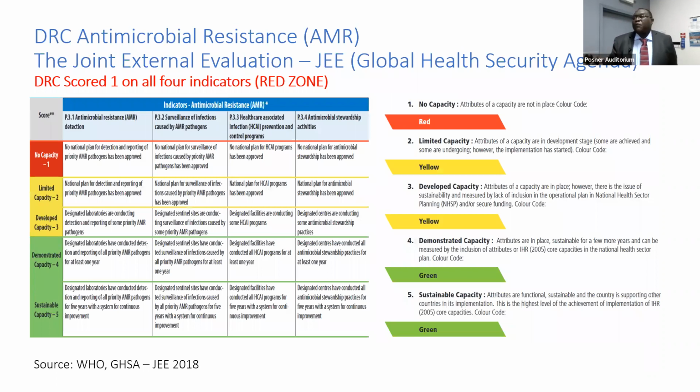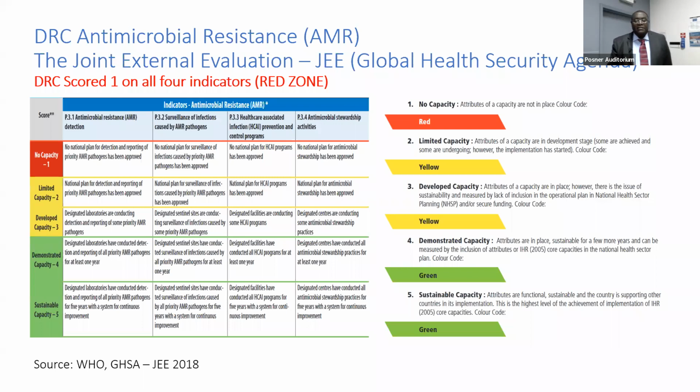If you look at the performance of DRC, it was evaluated in 2018. DRC didn't do well. The DRC score was 1 in basically all indicators, and we have 4 of them, which you can see on the top. I don't know if my cursor is indicating where on the big screen as well.